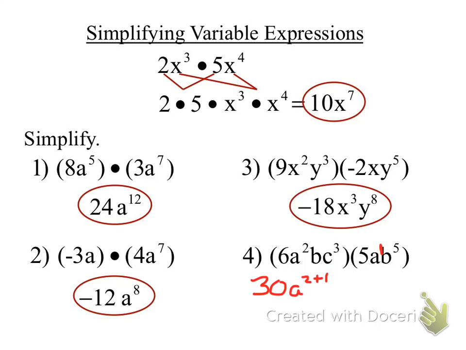And then b on the first half, it was 1, and in the second half, it's 5. So it's b, the 1st power plus the 5th power. And then on c, it's to the 3rd power, we just write to the 3rd. And what does it simplify to? 30a to the 3rd power, b to the 6th power, and c to the 3rd power.